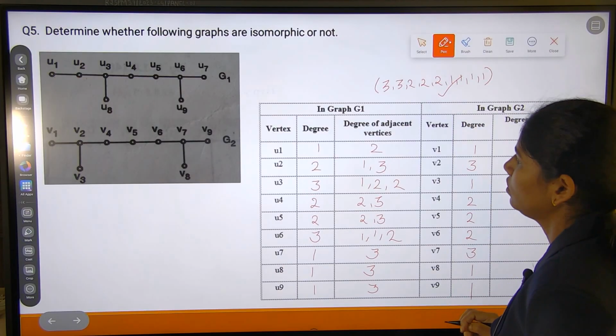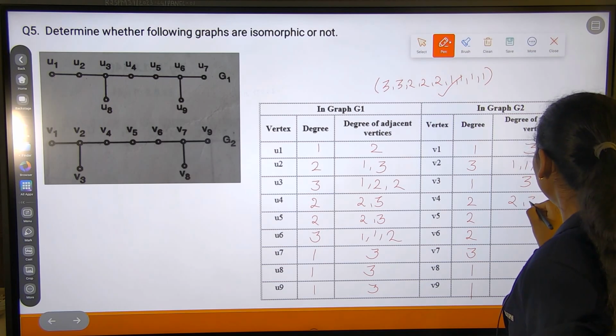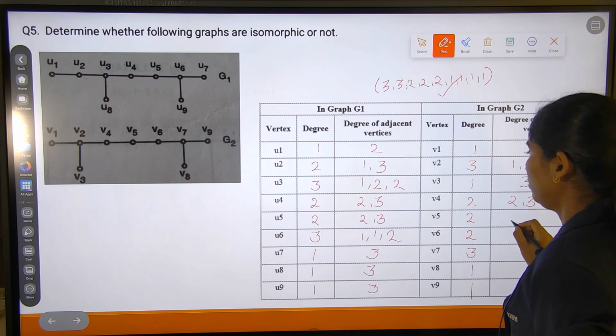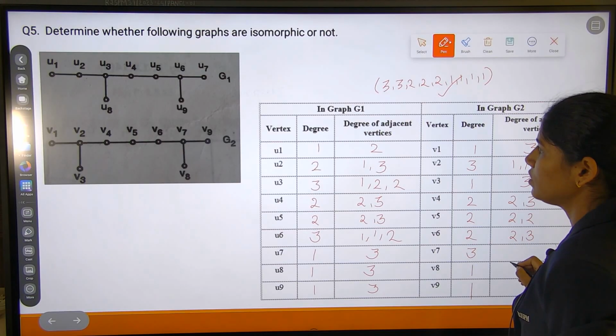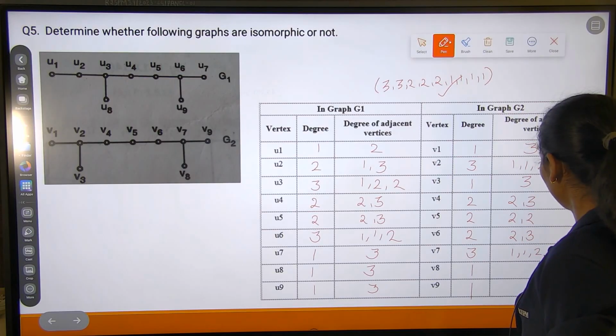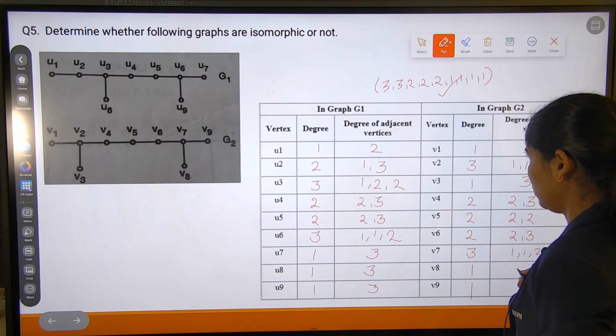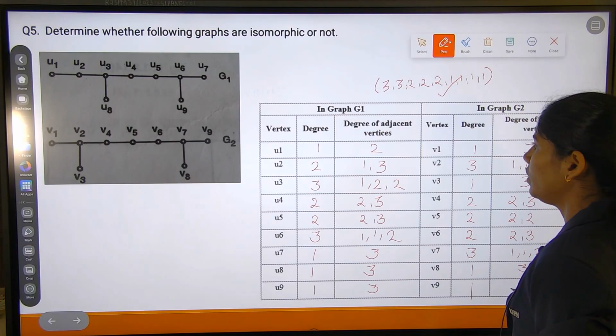For V4, 2, 3. For V5, 2, 2. For V6, 2 and 3. For V7, 1 1 2. For V8, 3. For V9, 3.